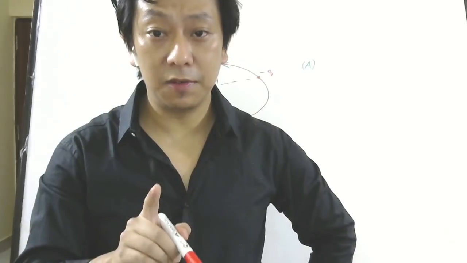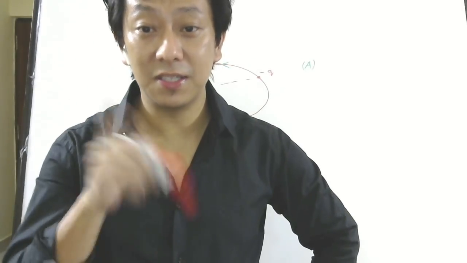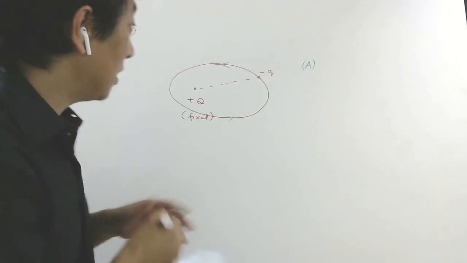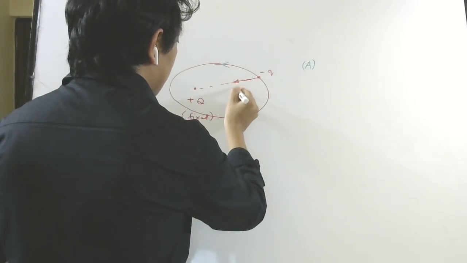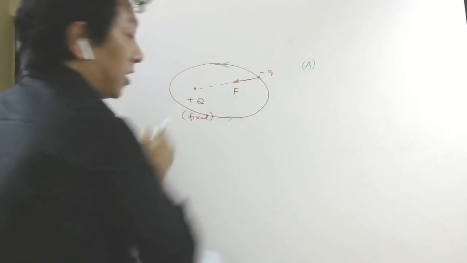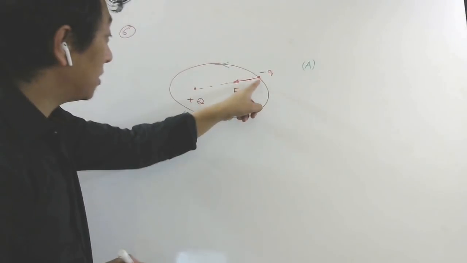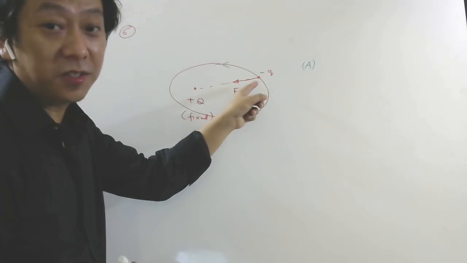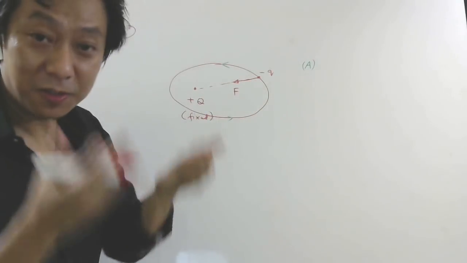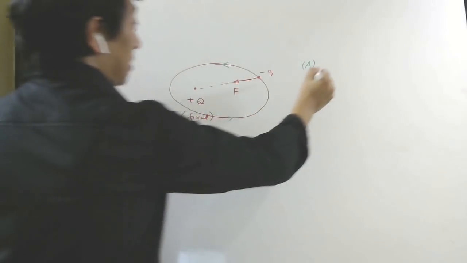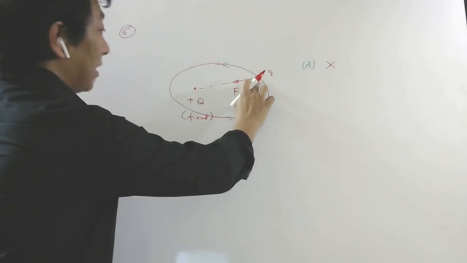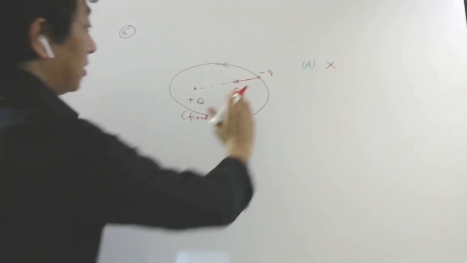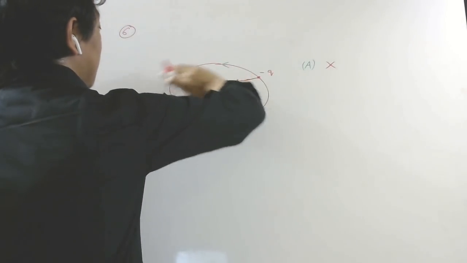Momentum is conserved when the net external force is 0. Very clearly we know this plus capital Q will apply force on minus small q along the line joining. So if this is going to feel an external force, that means its momentum has to change. So the first option is wrong. Momentum is not conserved because it is feeling a force. So its velocity, and therefore momentum, will keep changing.